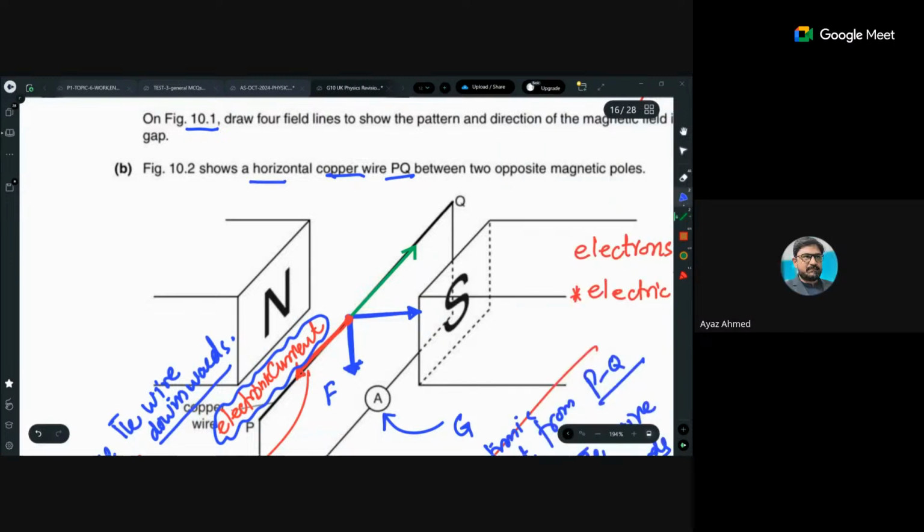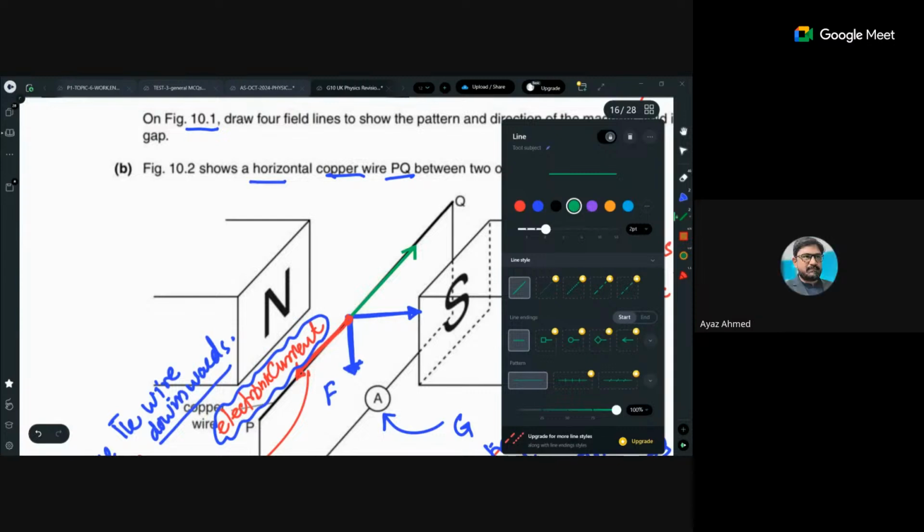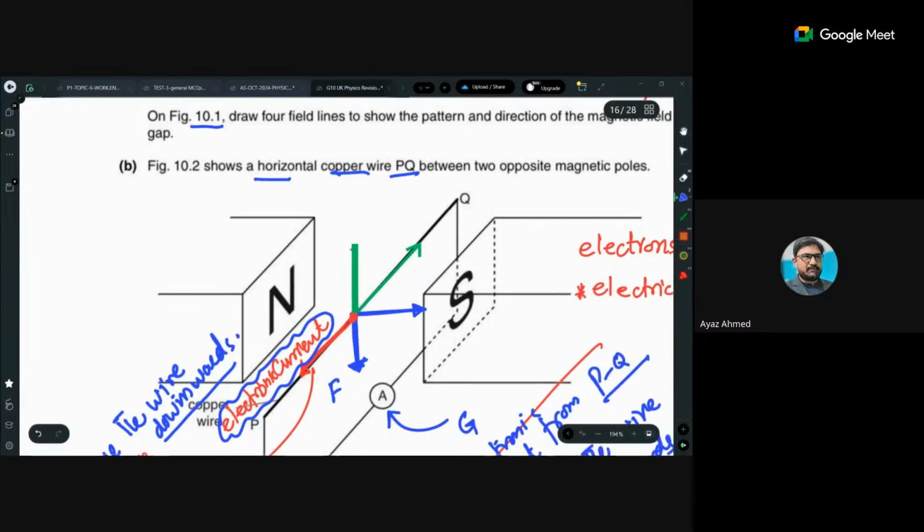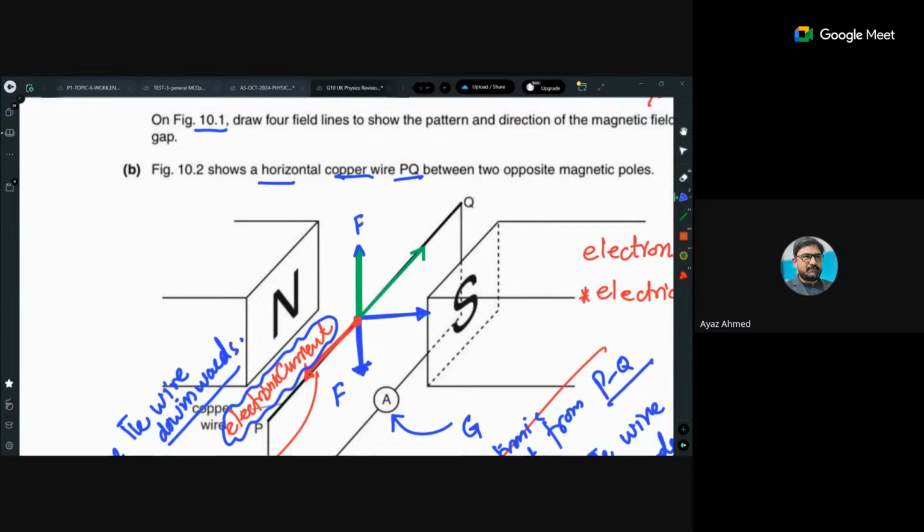Thumb is pointing downwards, right? Yeah. But where should the actual force be? Then it should be upwards over there. Upwards. Now you got it? Yes. Okay. So this is basically the situation of the, I mean, the magnetic flux. Got it. Sorry, I mean electronic current. Okay, understood.